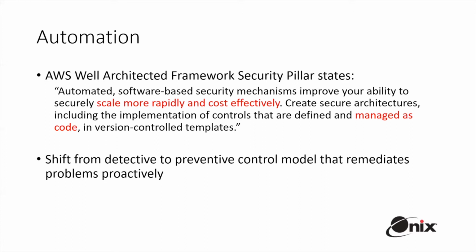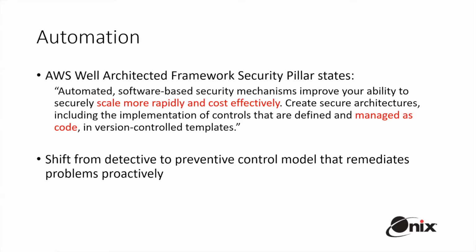All right, so automation is one of the key aspects of the cloud, really. It's what affords all the agility we talk about and desire from the cloud. But with security, and in particular event-driven security, it's one of the key factors, right? And what automation allows us to do is to scale rapidly and more cost effectively, okay? And why can we do that? How do we do that? We do it with code, right? Infrastructure as code. That's the game changer.